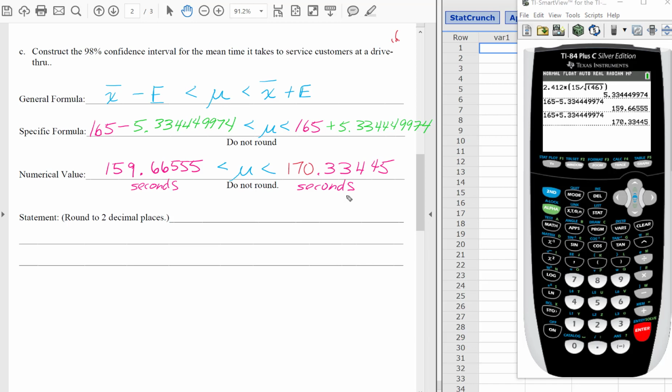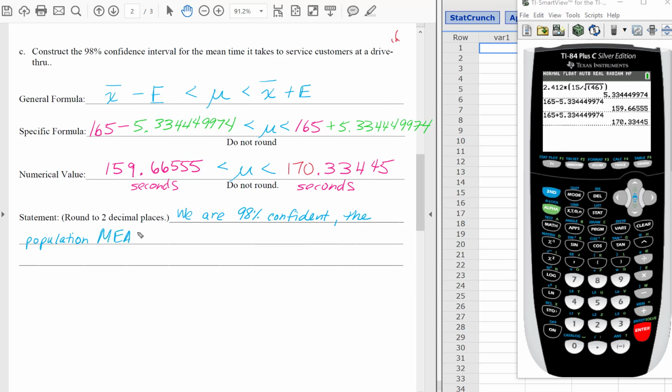So let's see how our sentence is phrased. Our sentence is going to say we are, and we got to state how confident we are. So we are 98% confident the population mean, we have to say population because we're doing it for the population here. We took our sample data and we're estimating for the population.